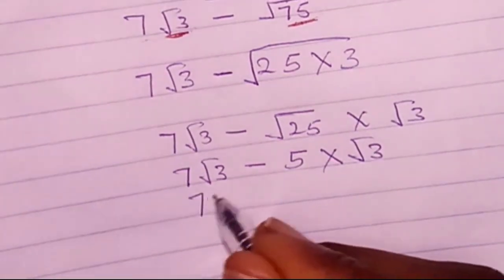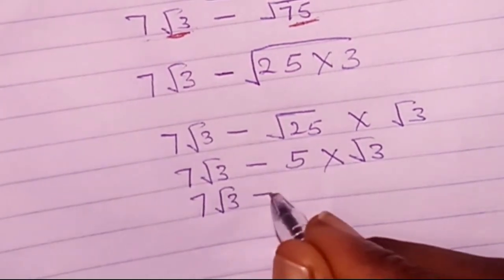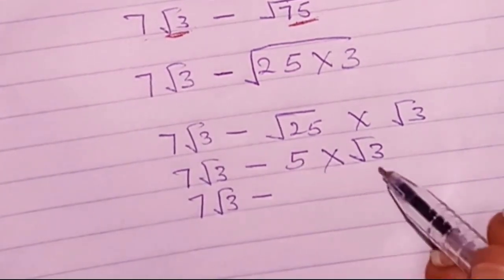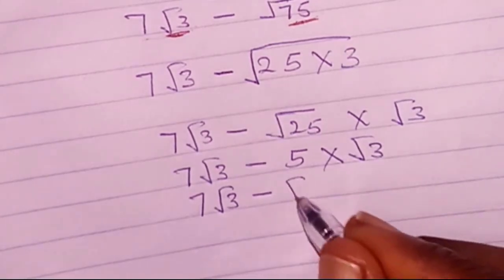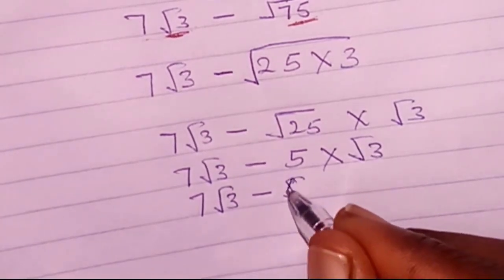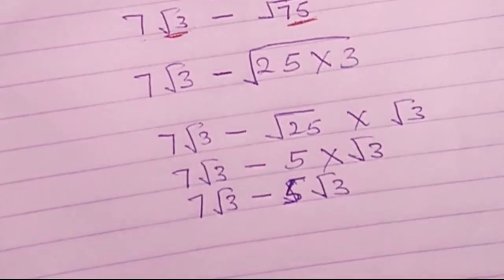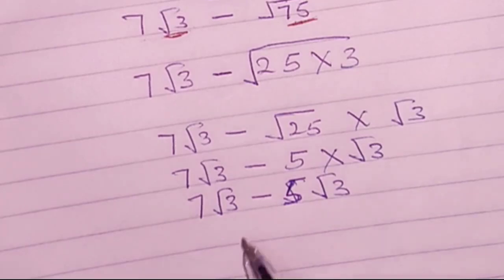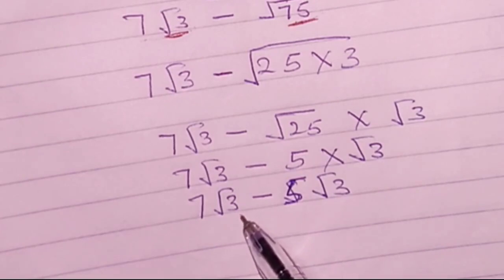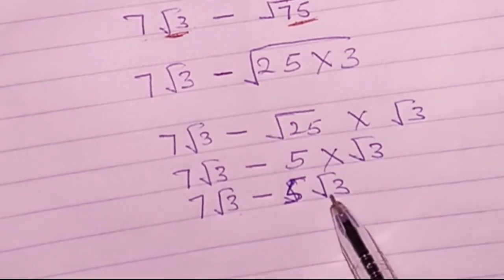Okay, so what do we have? We have 7 root 3 minus 5 times root 3 is giving us 5 root 3. Okay, this is what we have. 7 root 3 minus 5 root 3.